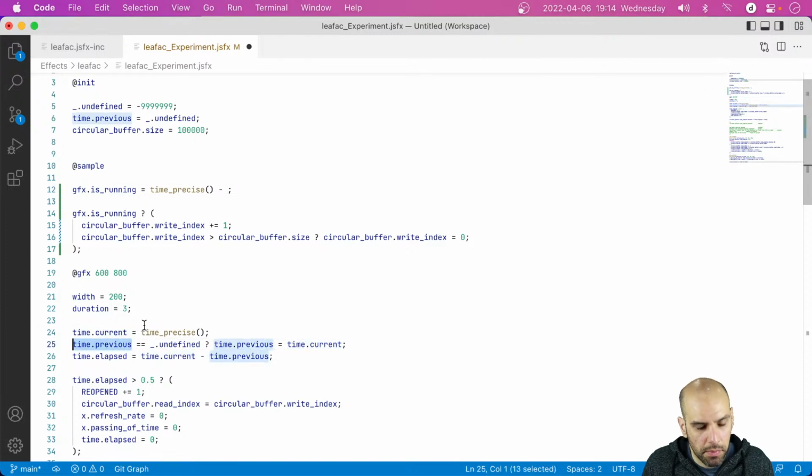It does not really matter. I'll just use current. If the difference between the two is less than 0.5. So I am checking the time on the sample block to determine if the GFX block is running.